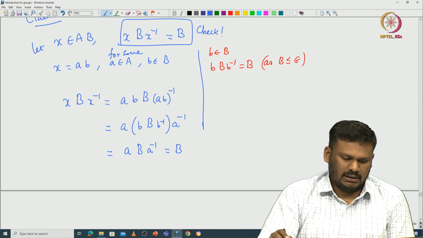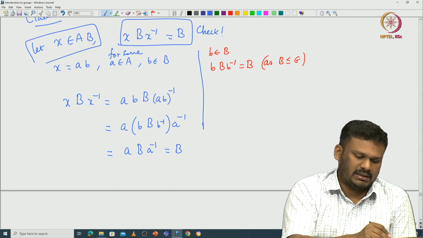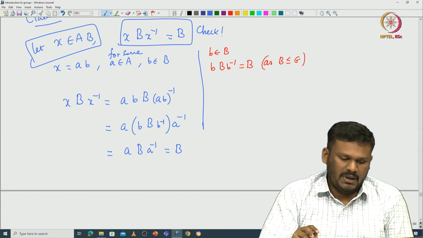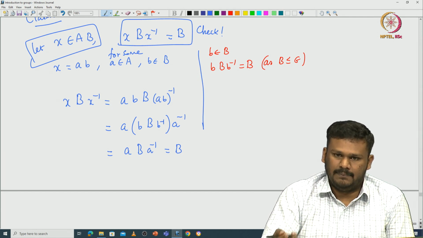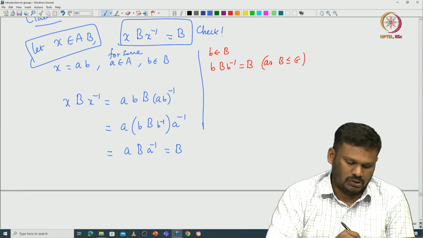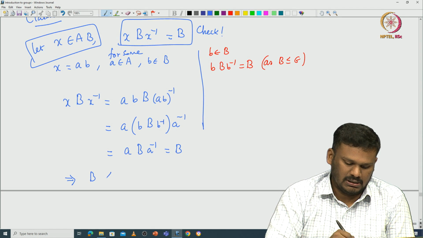That proves that for any element x in AB, if you conjugate B by that x, you get B. So B is normal in AB. So this proves that B is normal in capital AB.